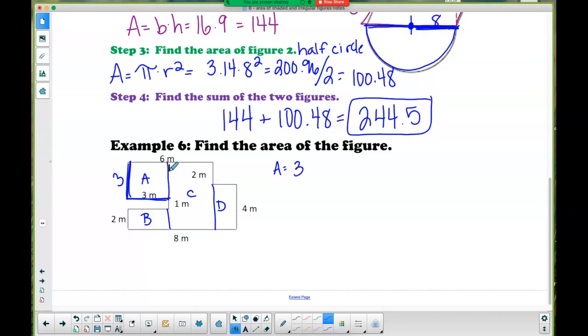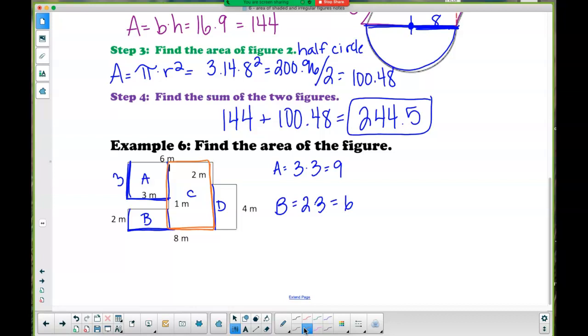So it'd be 3 times 3, which is 9. Then we have to find rectangle B, which would be 2 times 3, right? So 2 times 3 is 6.